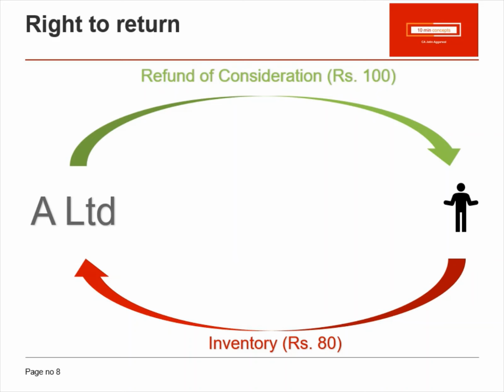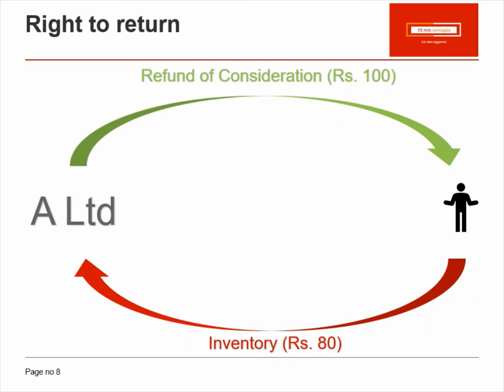But if you really look at the substance, do you really think entity A should recognize revenue for this returning unit? I'll again reiterate the objective of IFRS 15 is to recognize revenue with an amount that reflects consideration that the entity expects to be entitled to in exchange for the goods and services.